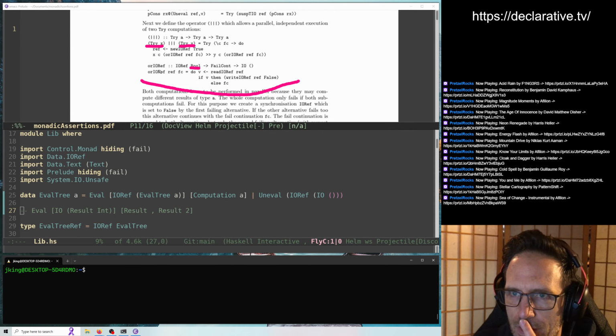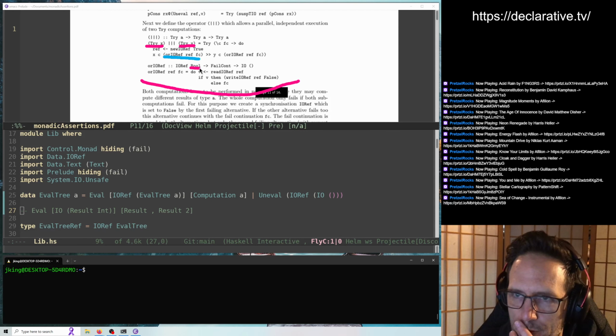So what this is doing is, we read the IORef here, and if it's true, so maybe on the first evaluation it is, then we write to it the value false, else we call the fail continuation.